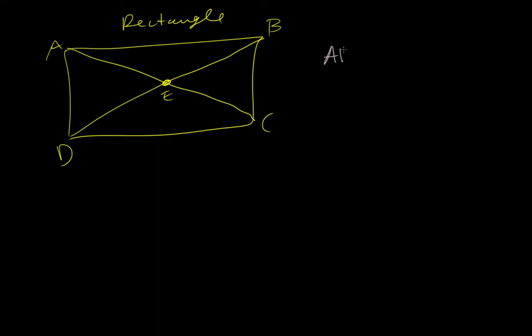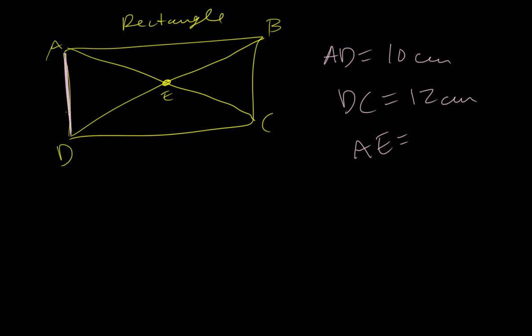Okay, we have AD is equal to 10 centimeters. DC is equal to 12 centimeters. We want to find AE. Okay, so this one is 10. This one is 12. We want to find AE. All right, so first what we're going to do is find AC.